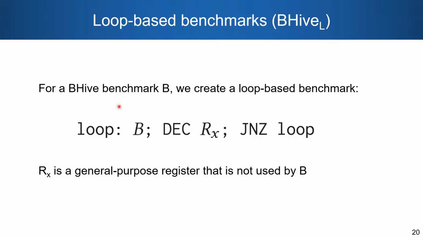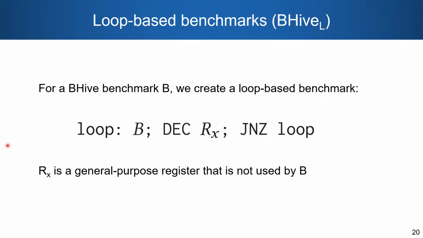For each BHive benchmark B, we take one general purpose register Rx that is not used by B. Then we add a decrement operation for this register, followed by a branch instruction that jumps back to the beginning. For benchmarks in BHive that are very small, we additionally add a variant in which the benchmark is unrolled a few times in the loop, because otherwise the loop overhead might dominate the execution time.